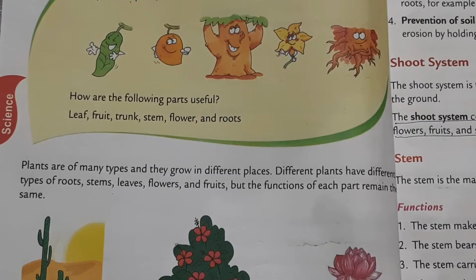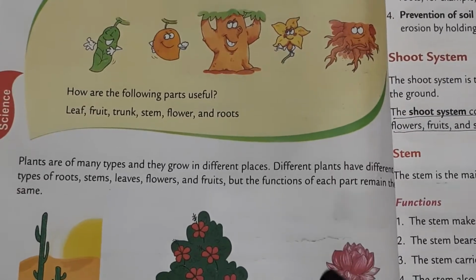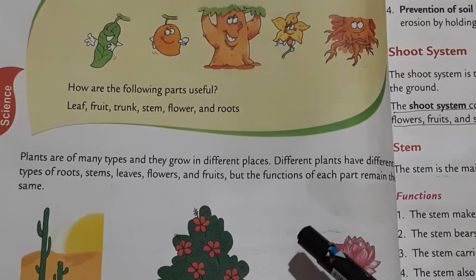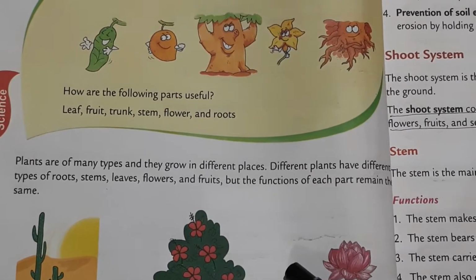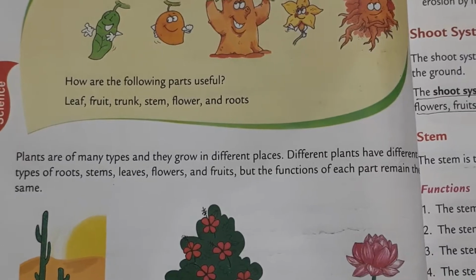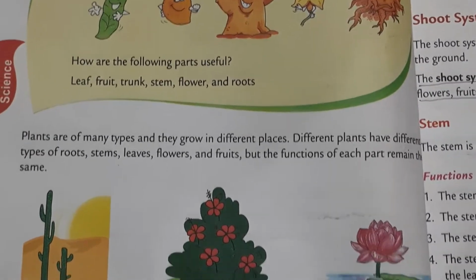You have seen big trees, big plants, and small ones. Plants also grow in different places. Some can grow better in a desert. Some grow well in cold places. Plants have different types of roots, stems, leaves, flowers, and fruits, but their function remains the same.